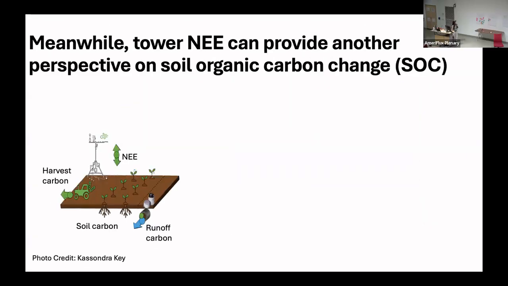Meanwhile, I think we also have eddy covariance measurements of net ecosystem exchange. Here I show a really simple illustration of carbon dynamics at a cropland site. Generally the ecosystem takes in CO2, and the carbon goes to the harvest carbon, which is the yield, some carbon goes to runoff, and the leftover carbon might go to the soil, right?